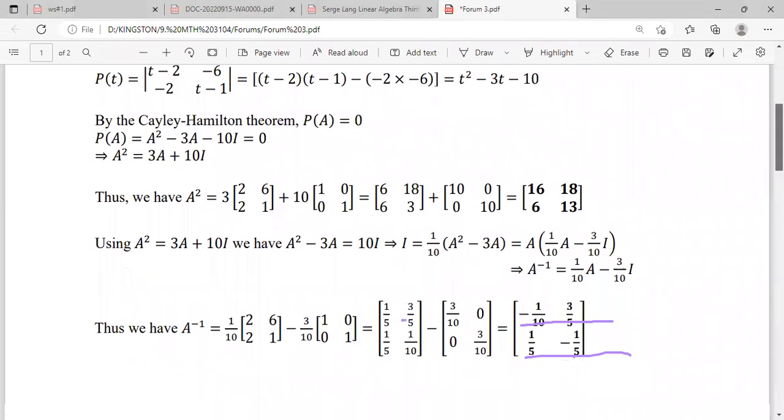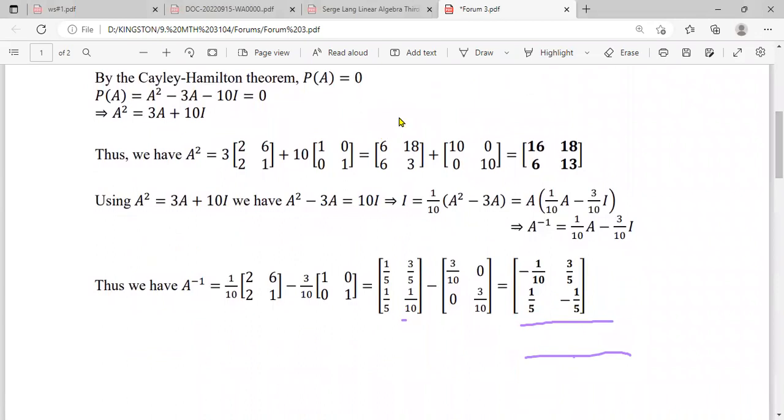So substituting values there for A, we have that A inverse is equal to 1/10 of A minus 3/10 of I. And you can see that clearly leading us to our answer here at the back. So this here is our answer. Good. So now we can move on to our second problem.